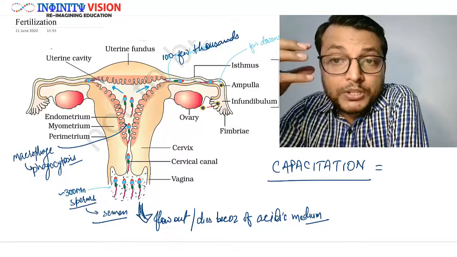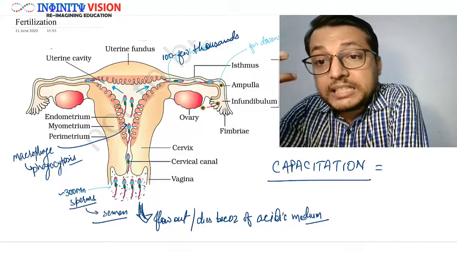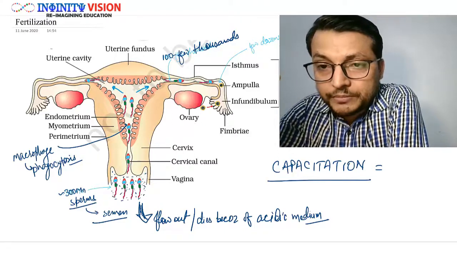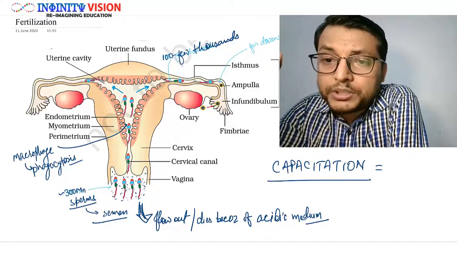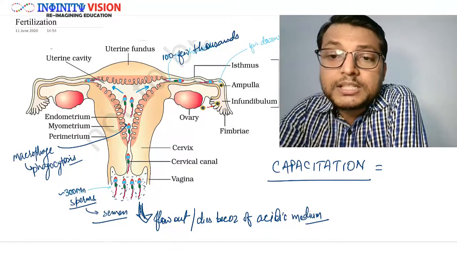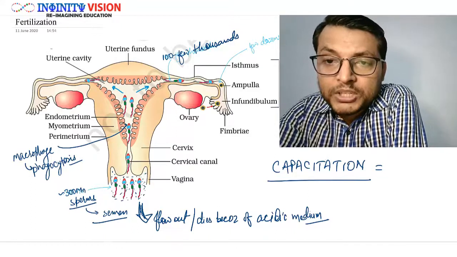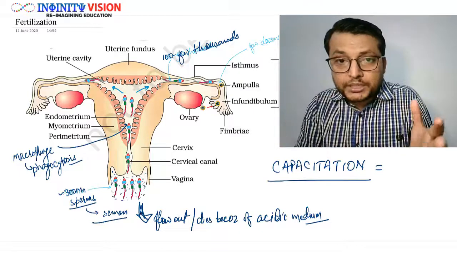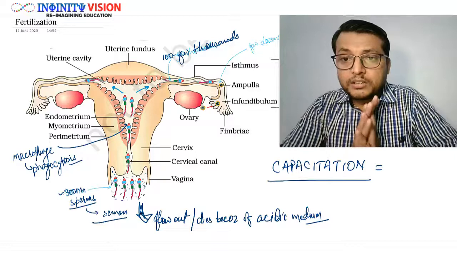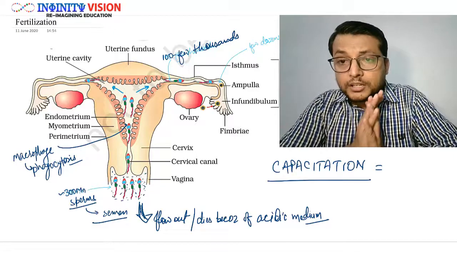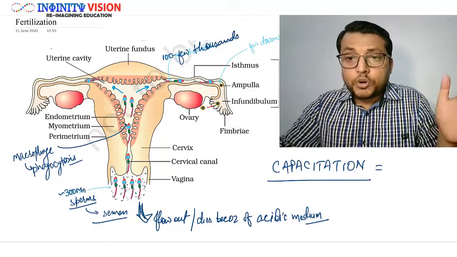Now the fallopian tube is lined by ciliated epithelium, and most of these sperms are going to get stuck in this cilia. If you look into the fallopian tube, it will appear as if there is a jungle of tall grass.